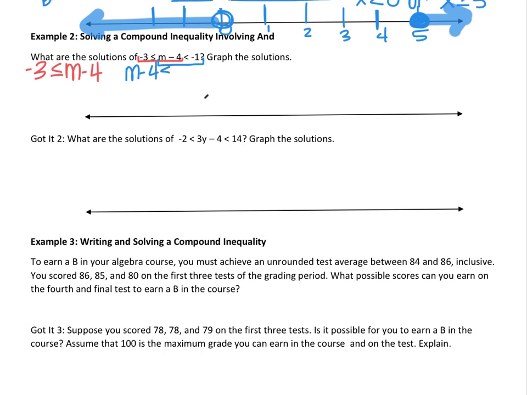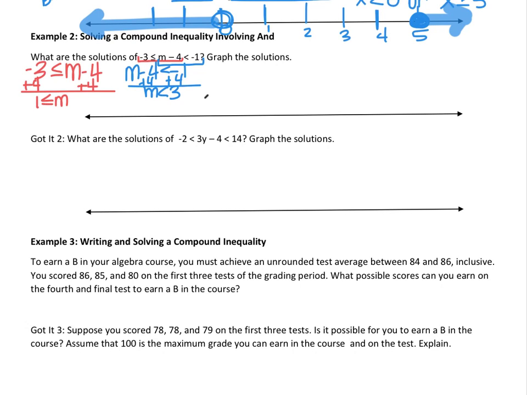What goes in the middle is actually for both inequalities. Then you just solve two separate inequalities. So you're going to add 4, and you get 1 is less than or equal to m. Then you add 4, and you get m is less than 3.